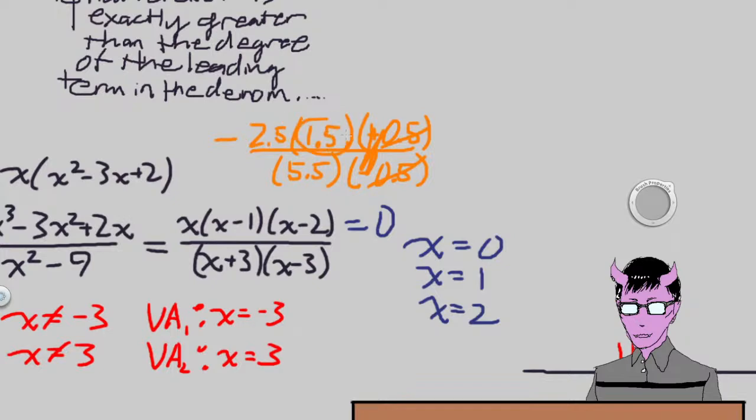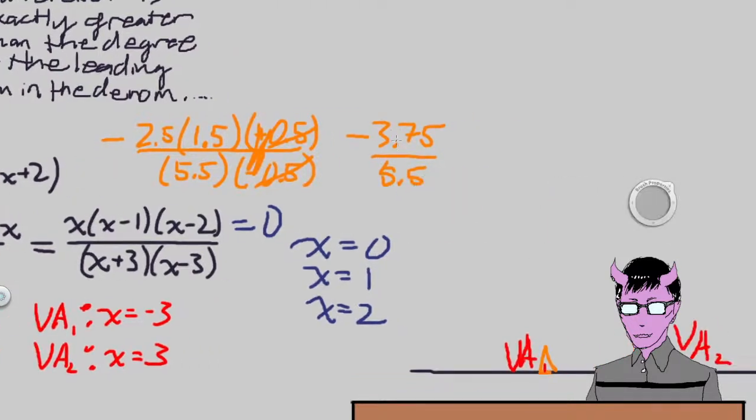This one times this one, what does that give us? I think that's below 5, right? Because 3 times 2 is 6. I'm actually going to resort to a calculator because my brain is frazzled at this point. So 2.5 times 1.5 on the calculator gives us 3.75. Negative over 5.5. So we can see that this is a negative value that is below.